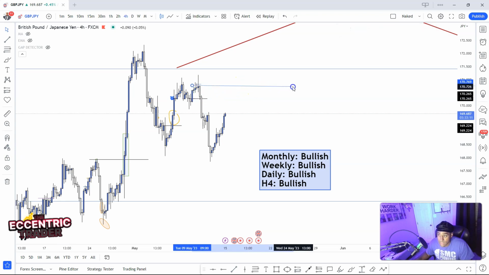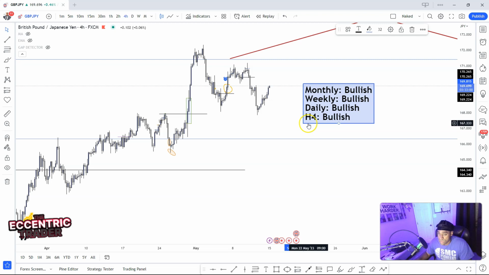Yeah, I think that's a safe thing to do. Wait for 2 candles to break, come back down, test newfound support, and do its thing. I think that's the safest way for GJ right now.